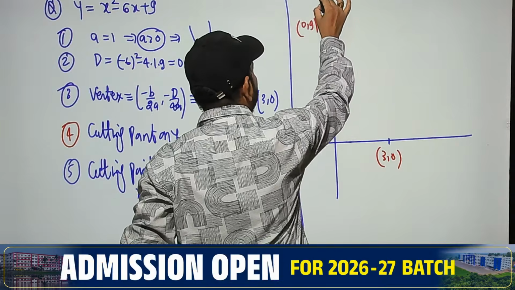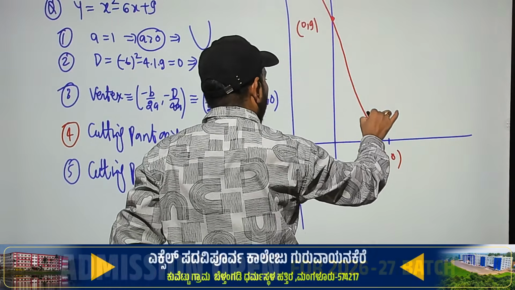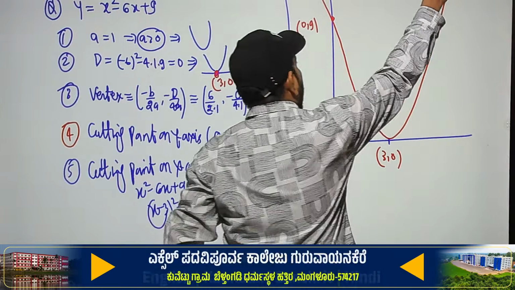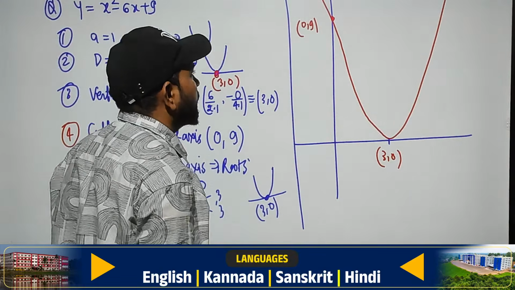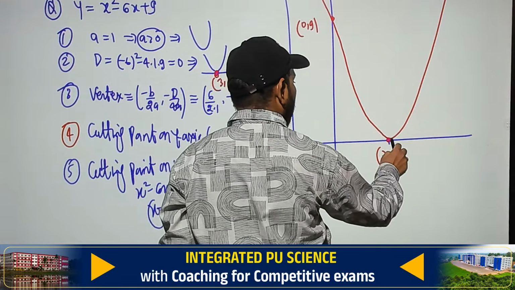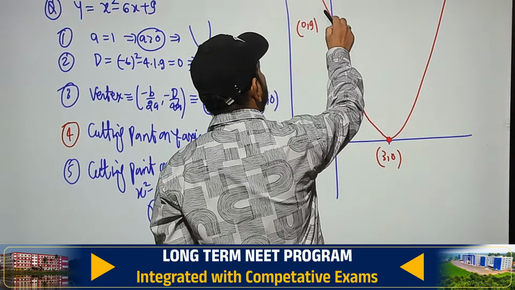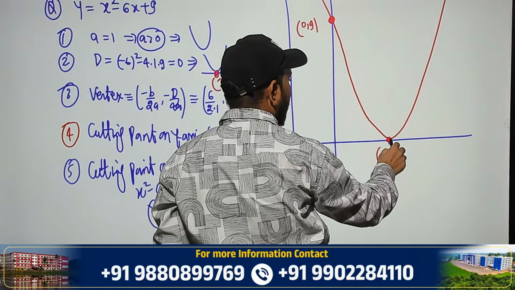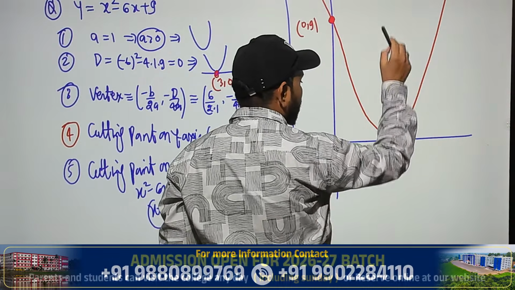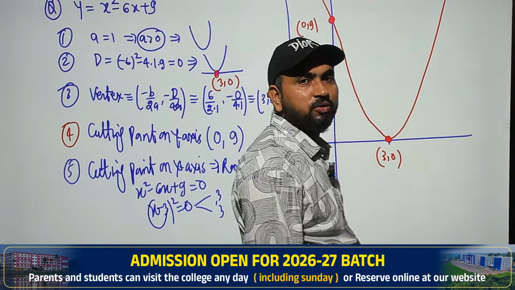So the graph is coming like this. This is touching at 3, 0 and cutting at 0, 9. Both roots are 3, 3. Okay. Clear this concept?